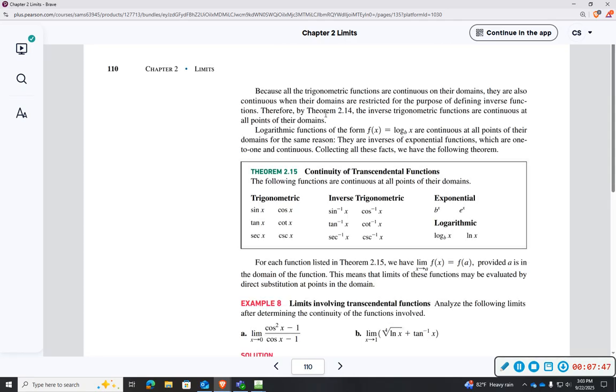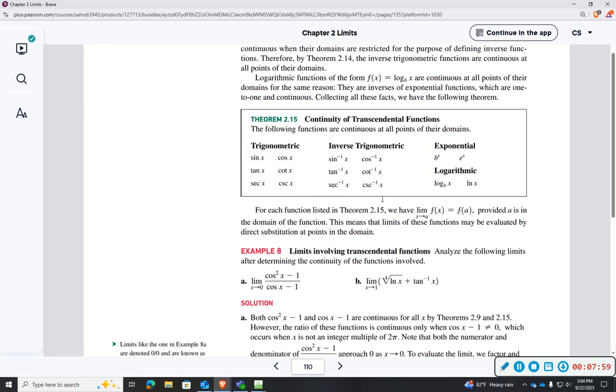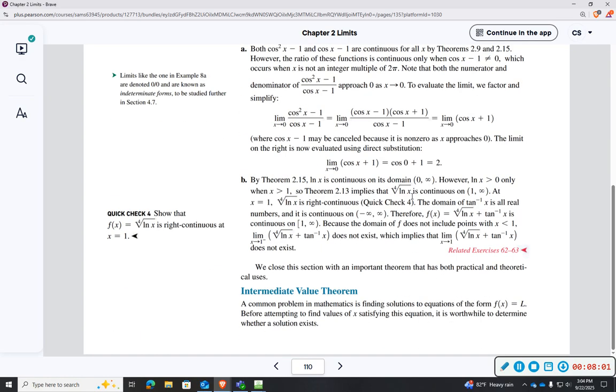And then they show you some of those, and then some of the continuity of transcendental functions. It says the following functions are continuous at all points of their domain. And so you got to know their domain as well.